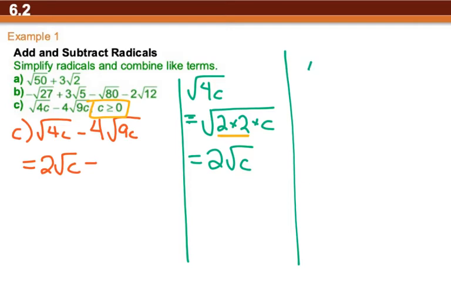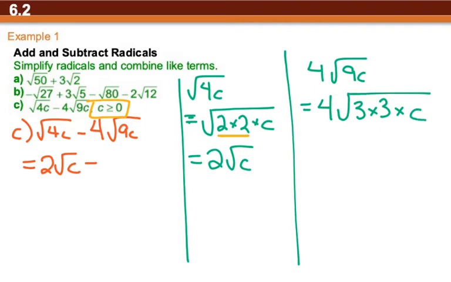Second term we have is 4 root 9c. Four is going to hang out here. Let's factorize the 9. It's 3 times 3. Again, no exponent to break down on the c. Find pairs, pair of 3's.